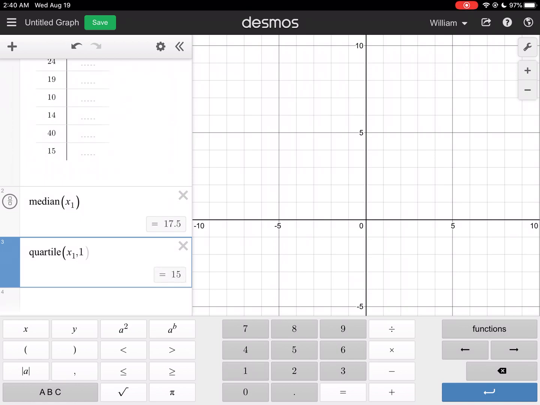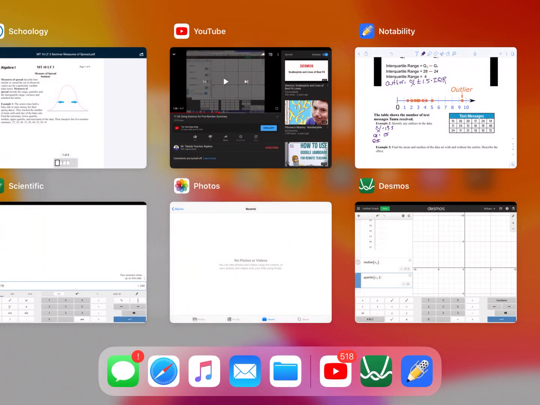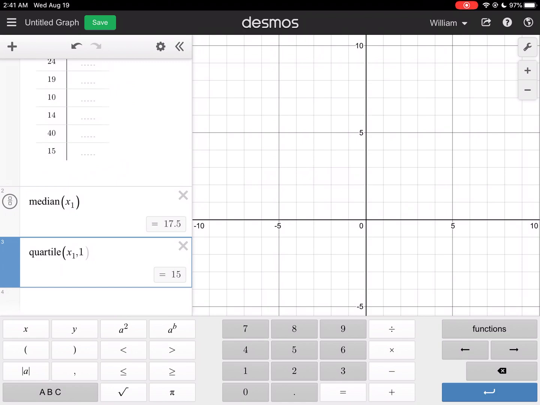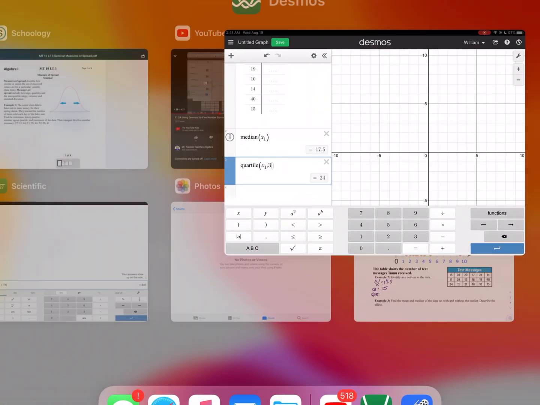Your first quartile is the lower quartile, and that's 15. Then we'll do the third quartile. I'm just going to erase the 1 and put a 3 in there. And that's 24.